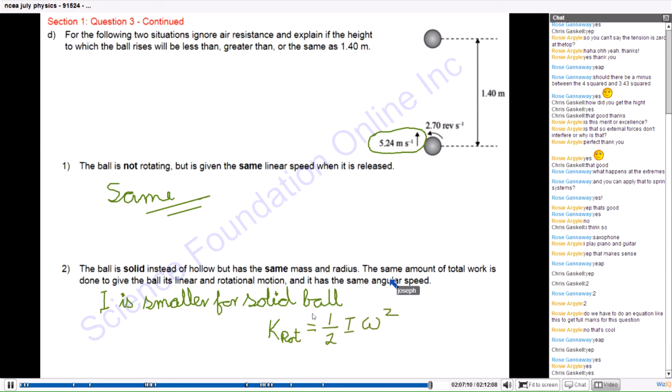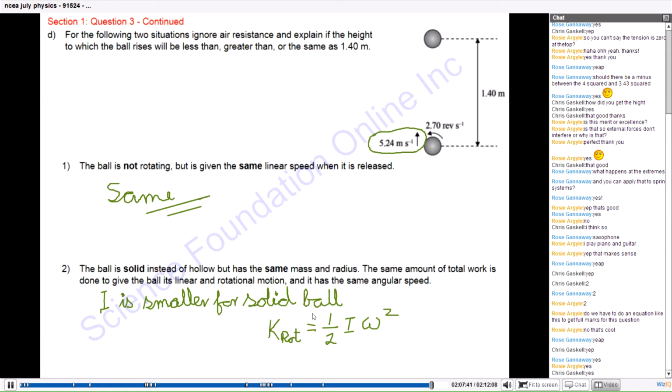Now, the same total amount of work is done to give the ball its linear and rotational motion, and it has the same angular speed. If it has the same angular speed and I is smaller, what does it say about the kinetic energy of rotation? I is smaller and it has the same angular speed. So the rotational kinetic energy is smaller.